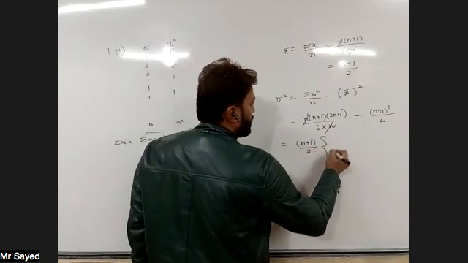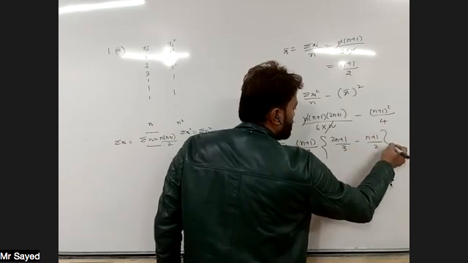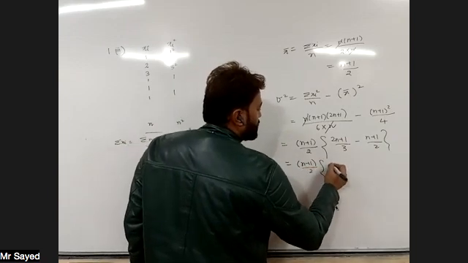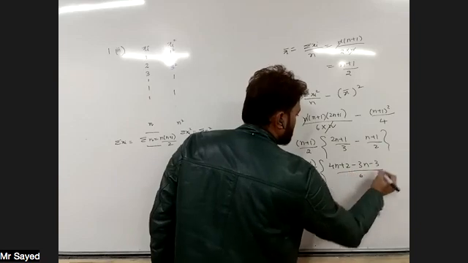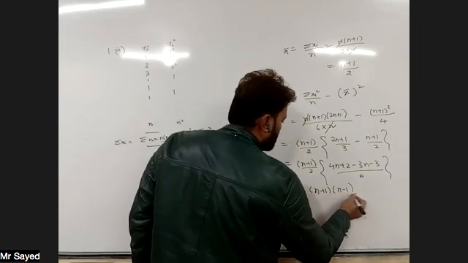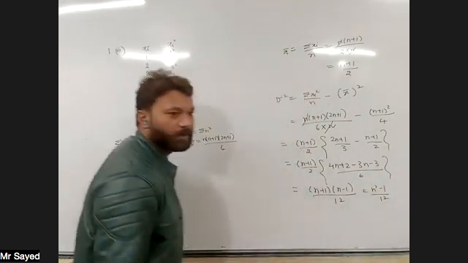N plus 1 upon 2. So this will be 2n plus 1 upon 3 minus n plus 1 upon 2. So this is n plus 1 upon 2, and this will be 4n plus 2 minus 3n minus 3 whole upon 6. So this will be equal to n plus 1, n minus 1 whole upon 12. So n square minus 1 whole upon 12.